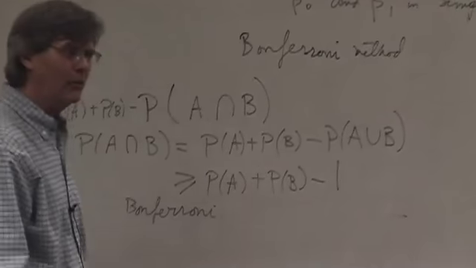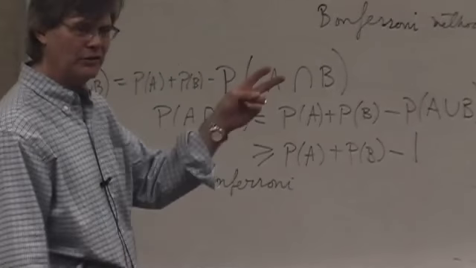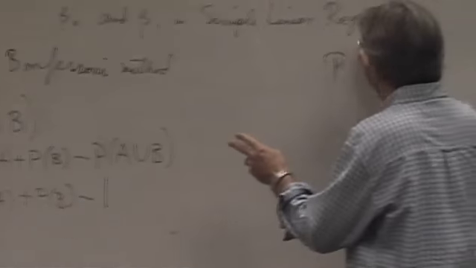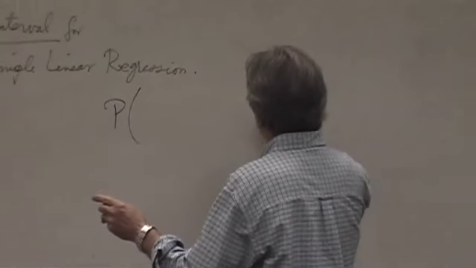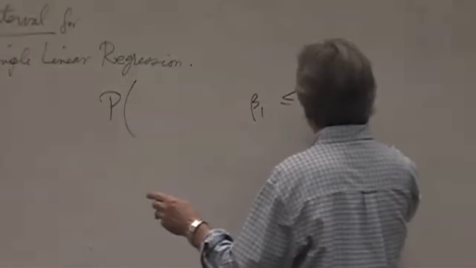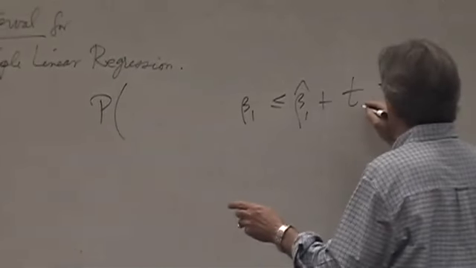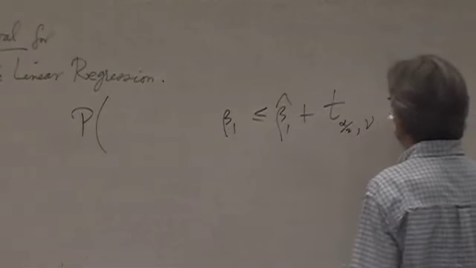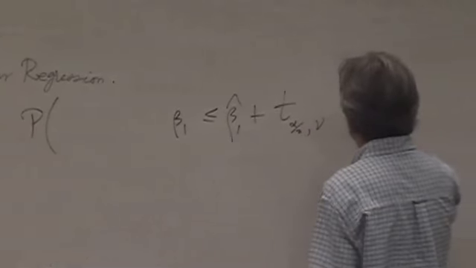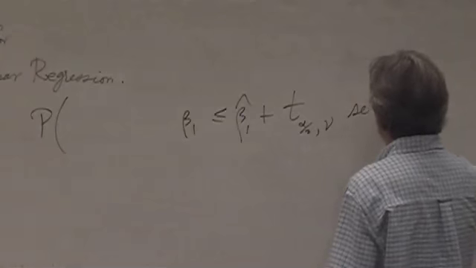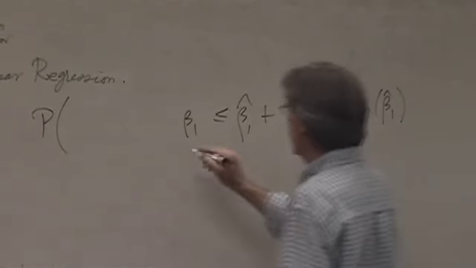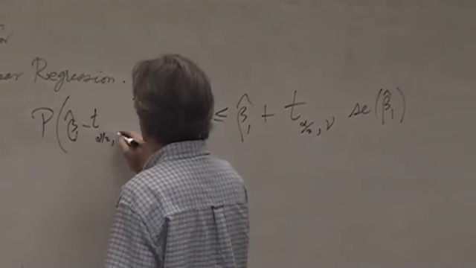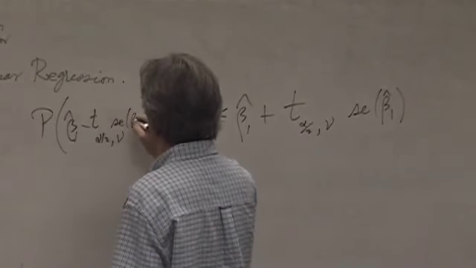Okay, that's the Bonferroni inequality. So I want two things to happen, right? In the t method, I have the probability that beta 1, for example, is between beta 1 hat plus t alpha over 2 nu times the standard error of beta 1 hat, and greater than or equal to beta 1 hat minus t alpha over 2 nu times the standard error of beta 1 hat.